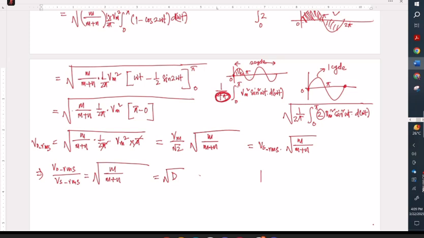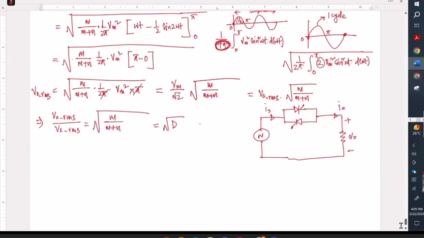So similar way, if I redraw this circuit here, now whenever you have the output current, that current should come through your input current, right? So your output current RMS value, I naught RMS value, should be equal to Is RMS value, right? Yes, sir.